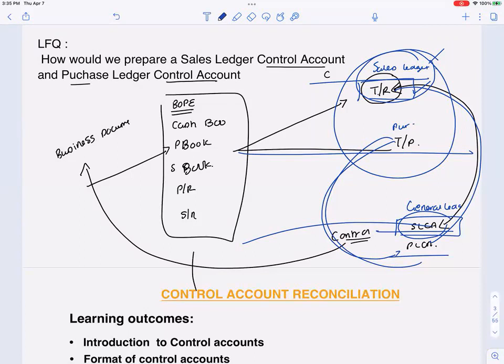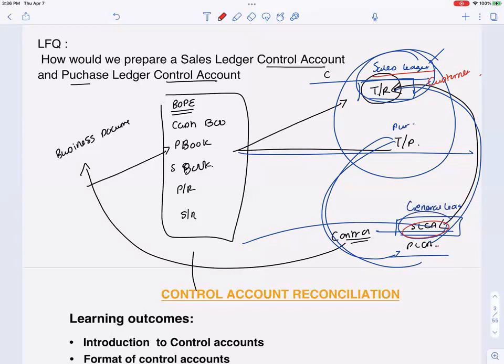So at all point of time, your balance as per the sales ledger. Of which account? The sales ledger account, trade receivable account. At all point of time, your balance as per the sales ledger of your customer account, look at the words that I'm using, should resemble the balance of your SLCA of the general ledger.